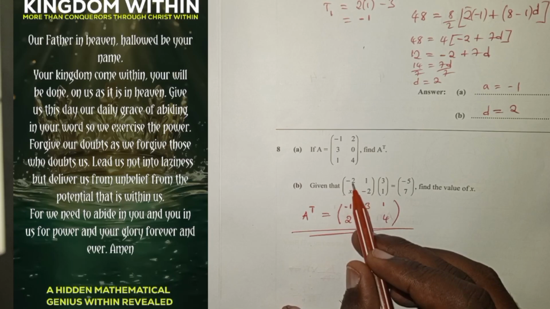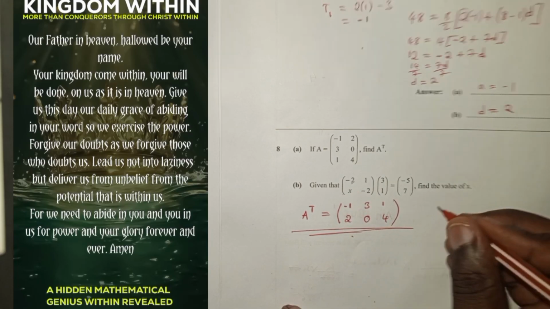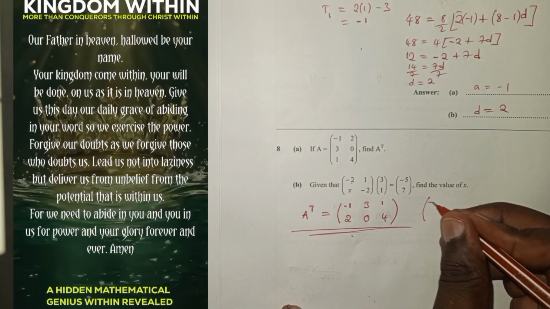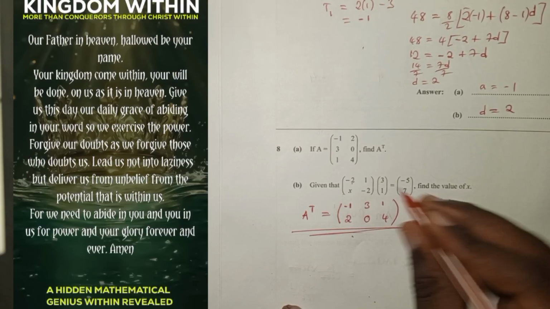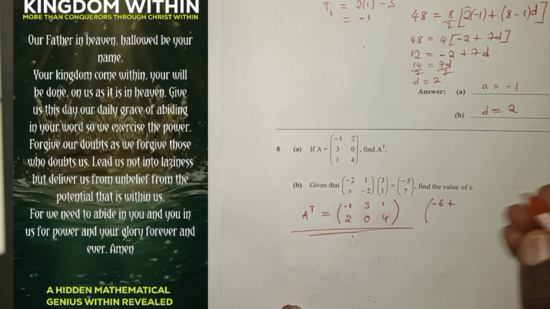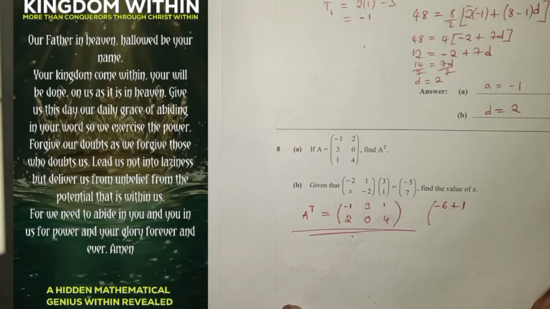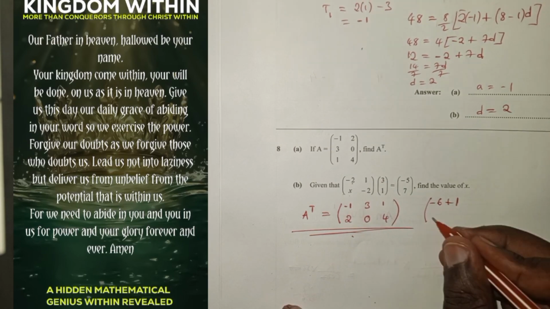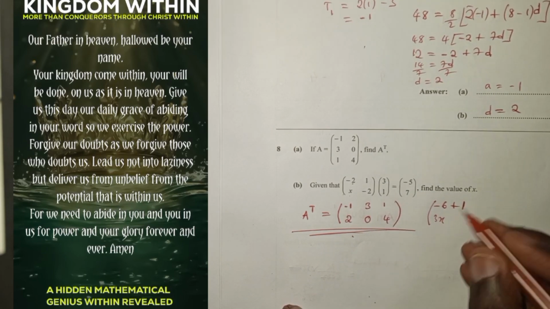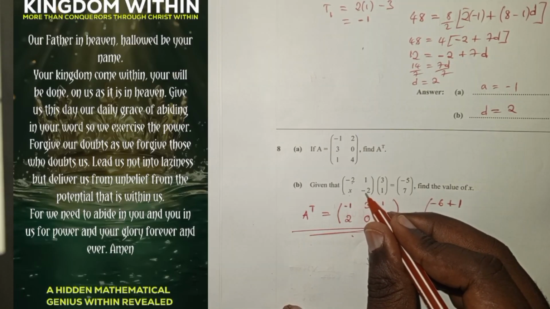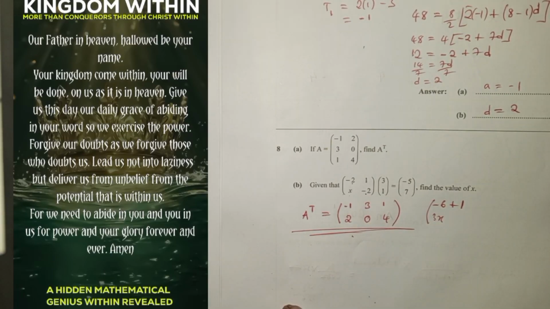So first row is negative 2 multiplied by 3. That is negative 6 plus 1 multiplied by 1. You get 1. So we go to second row. That is x multiplied by 3. You get 3x. Then minus 2 multiplied by 1. You get minus 2.